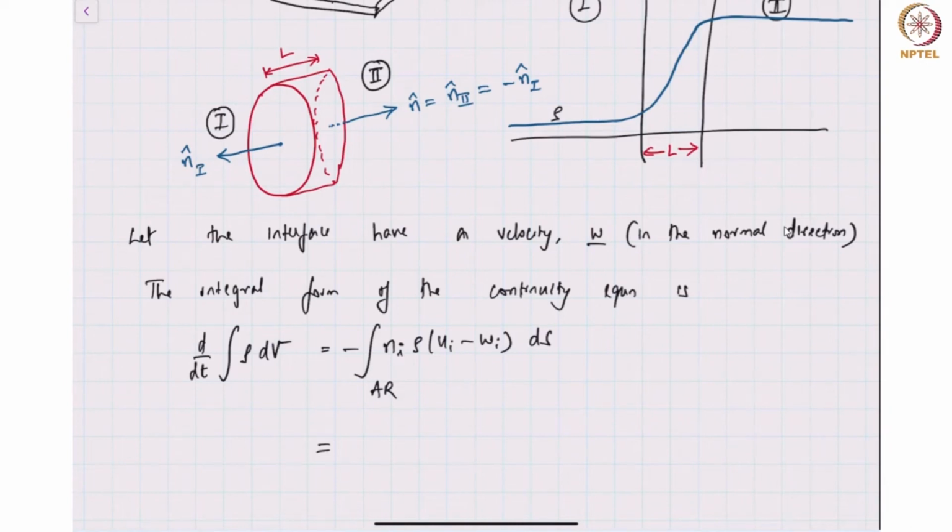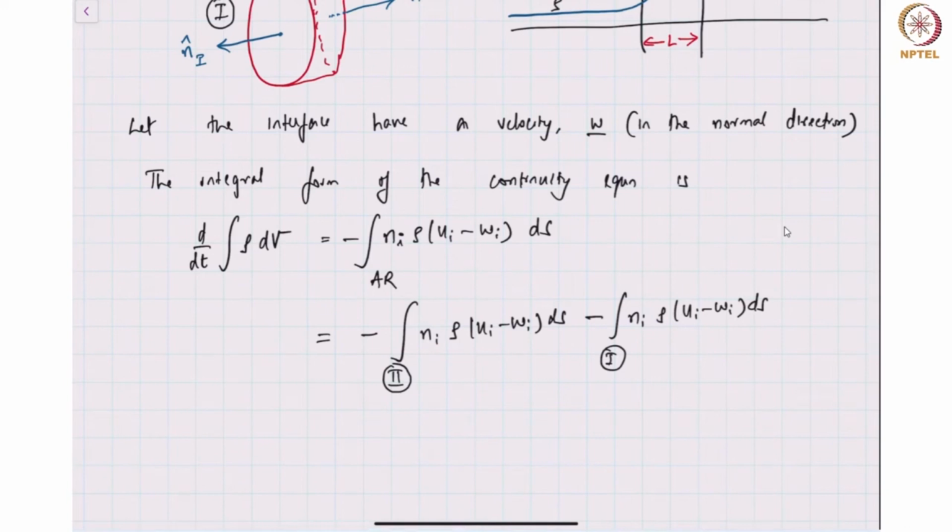Okay, so now if I consider the small element that I have here, there are two normals here. So let me start by writing down for region 2: n_i rho (u_i minus w_i) dS. Then I have region 1: n_i rho (u_i minus w_i) dS. And then I have minus integral of n_i rho (u_i minus w_i) dS over the curved surface.